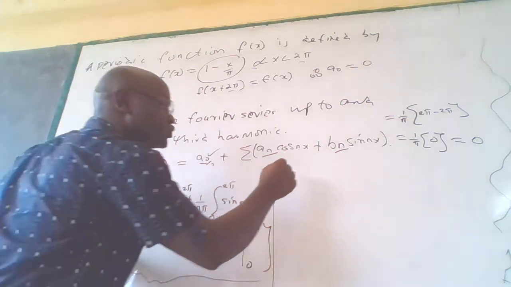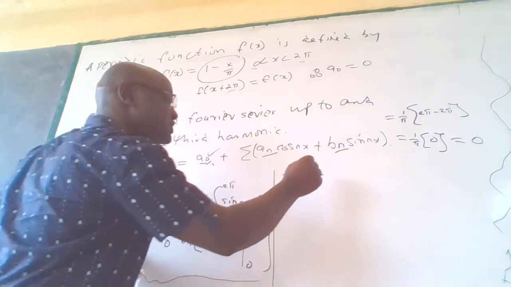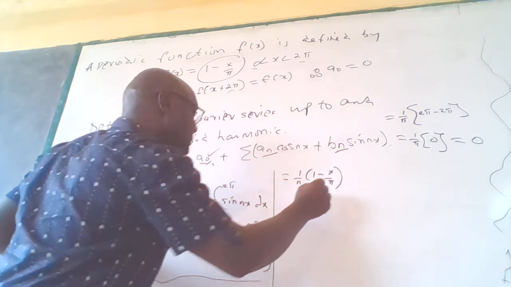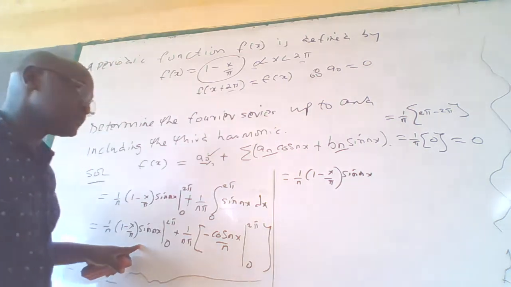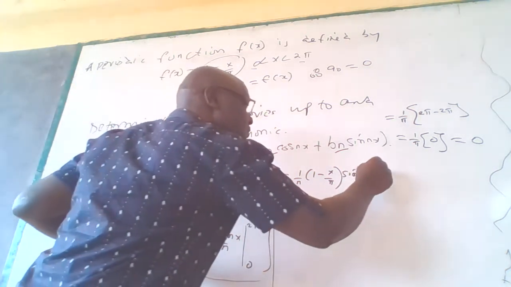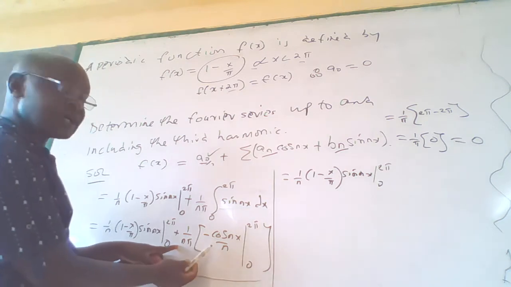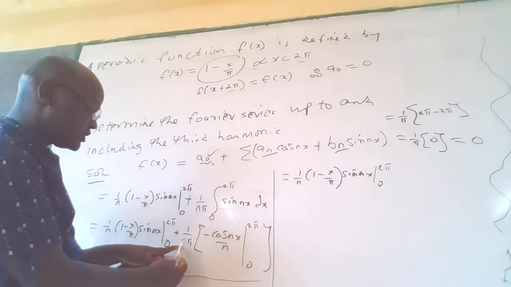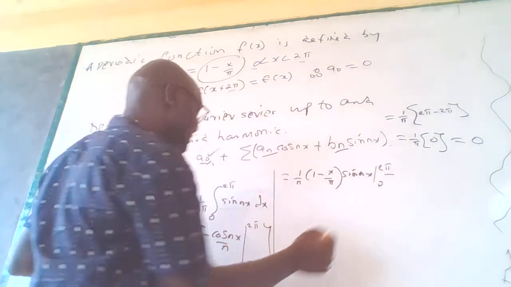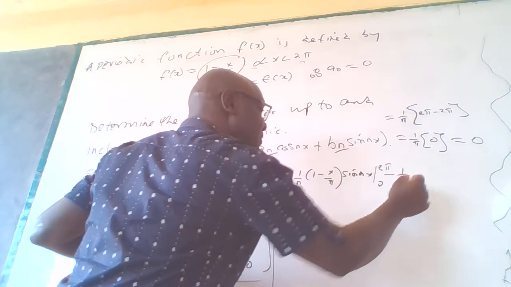This equals to 1 over n, 1 minus x over pi sine nx, then we take out this negative and n, so that we have minus 1 over n squared pi.